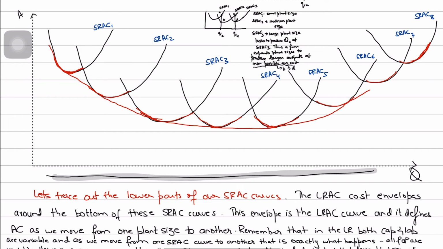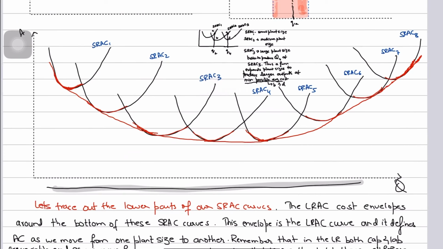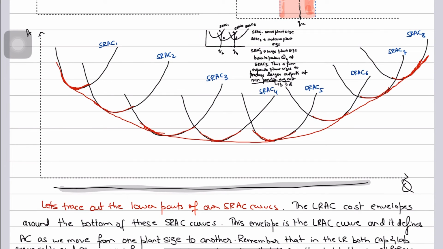Now this curve is not smooth because I have only taken 8 different plants or 8 different short run average cost curves, but obviously we would have many short run average cost curves between these, right? For the sake of simplicity, I just took 8.